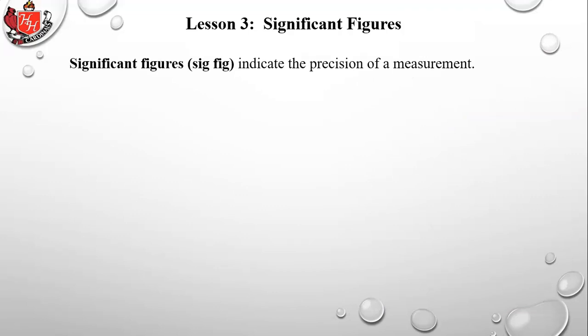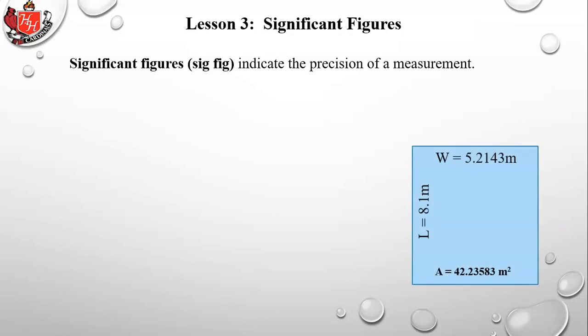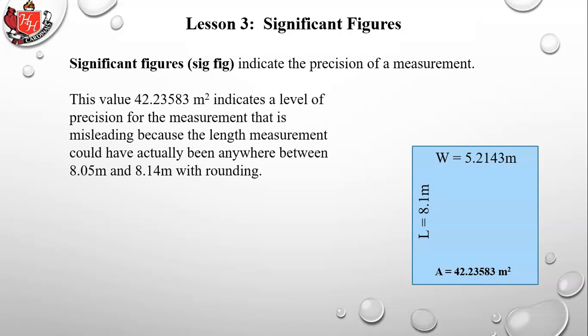So significant figures indicate the precision of a measurement. That area down there on the bottom, this value of 42.23583 square meters, indicates a level of precision that's misleading, because if we're saying the length is 8.1, it could have been anywhere between 8.05 and 8.14 with rounding.